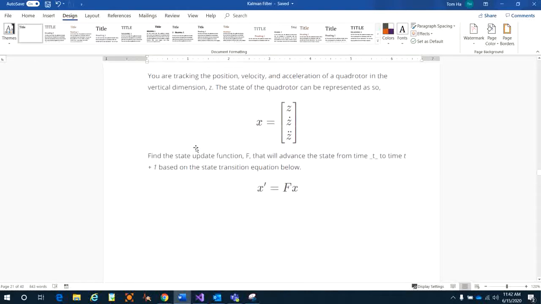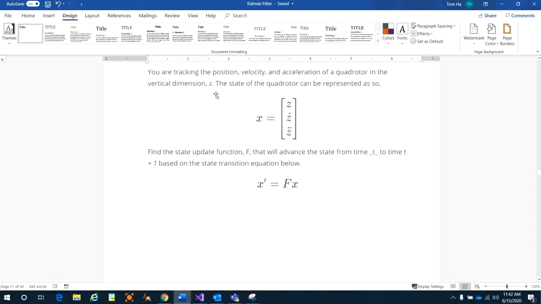And in another example, you're tracking the position, velocity, and acceleration of a drone. With the drone, we care about the height a lot, the dimension Z right here, and the velocity and the acceleration. So you continue practicing to find the A right here. What is the A right here? In this column we have 3 items, right?